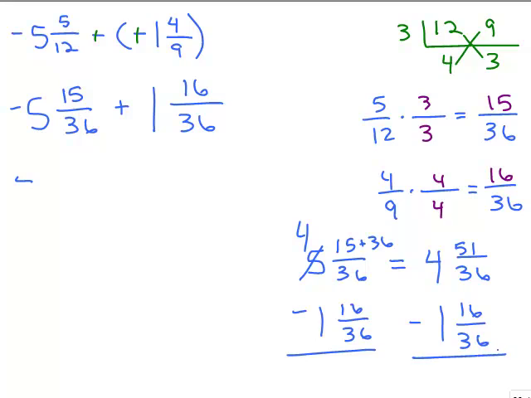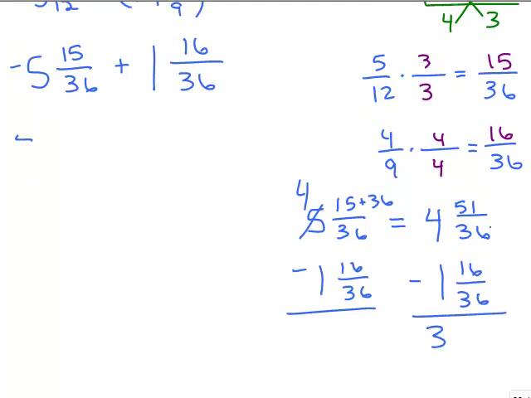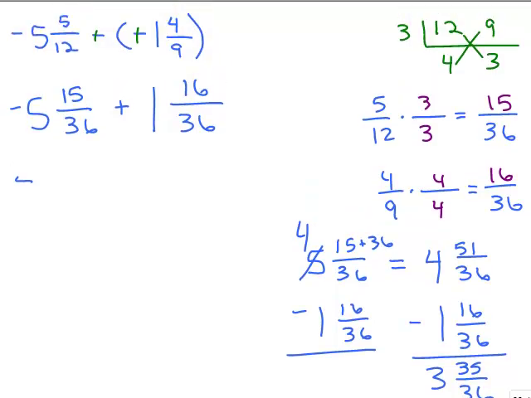So then we can subtract. And let's see, what's 51 minus 16? 35, I hope. 35/36. So now I go back over here to my problem, and you know that the answer is going to be negative, so it's negative 3 and 35/36.